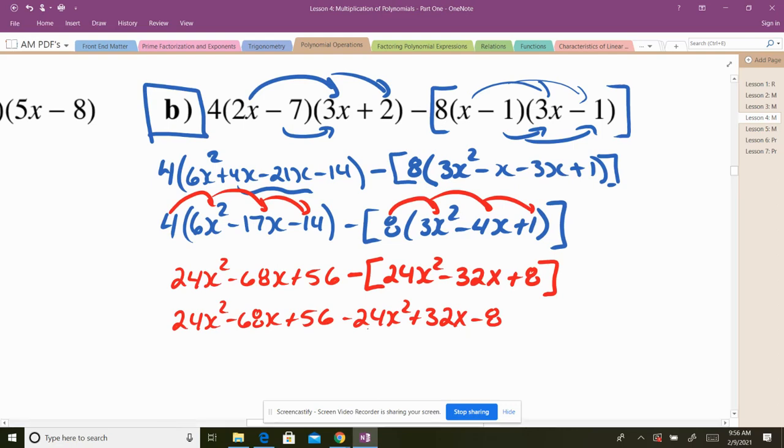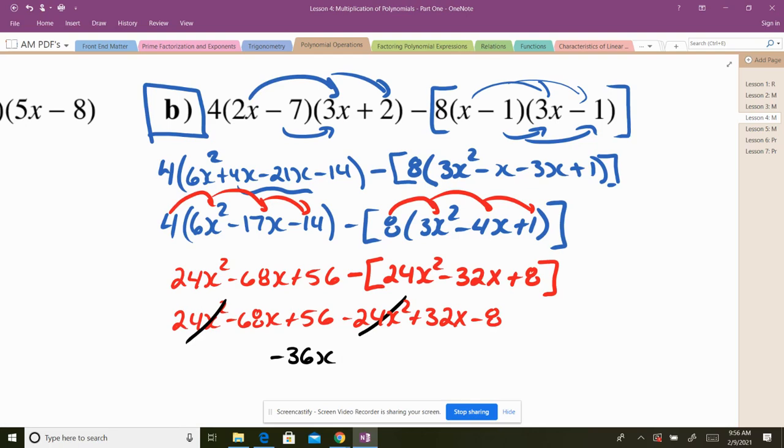So 24x squared minus 24x squared is 0x squared, so they just cancel. Negative 68x plus 32x, it's negative 36x. And then 56 minus 8. Negative 56.